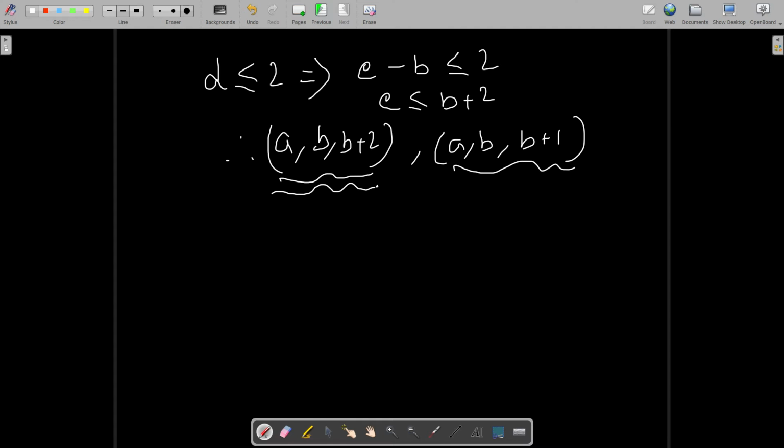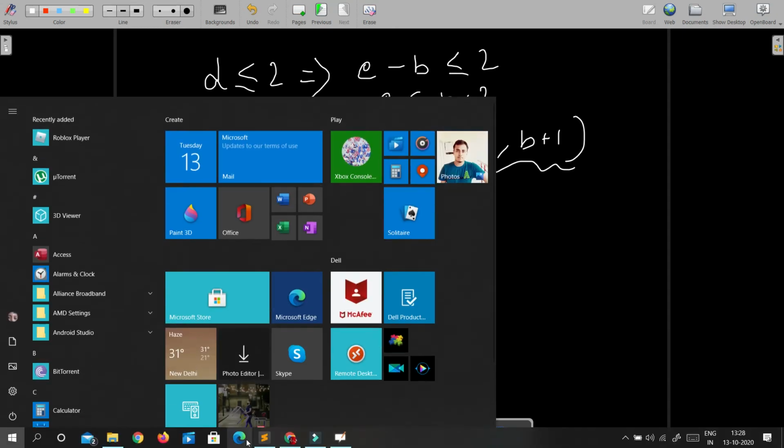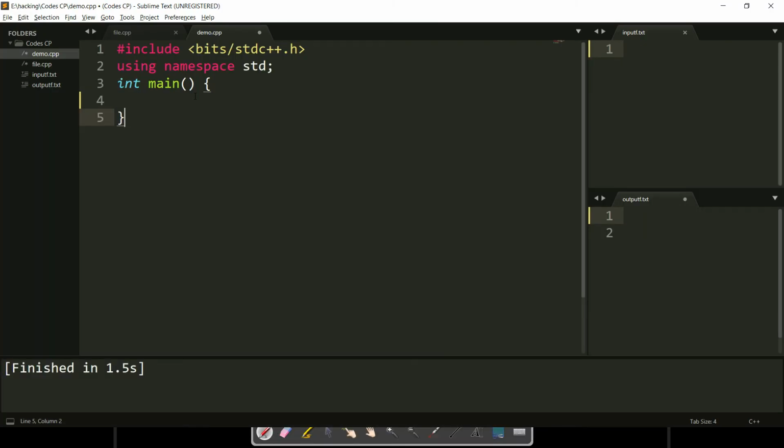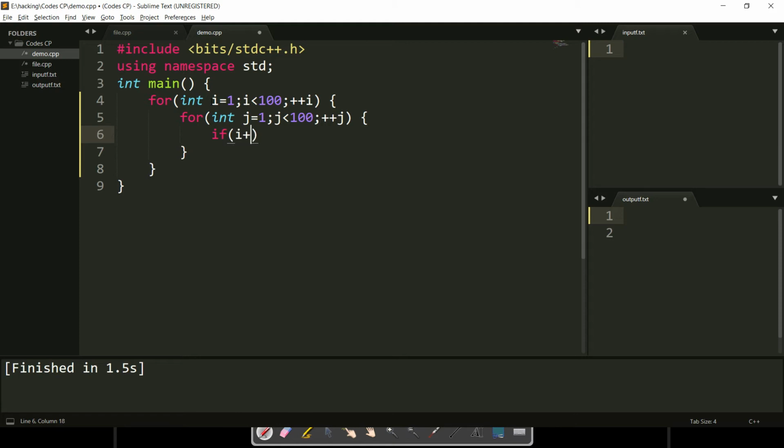Now what are the pairs? At least in this video it should be a bit tiresome to actually work this out, so I'm just gonna use some basic knowledge and find out the pairs. Let's try here. We want to find all the pairs, so this is my loop, right? Now the one condition is we cannot have i plus j plus 2 greater than 100.